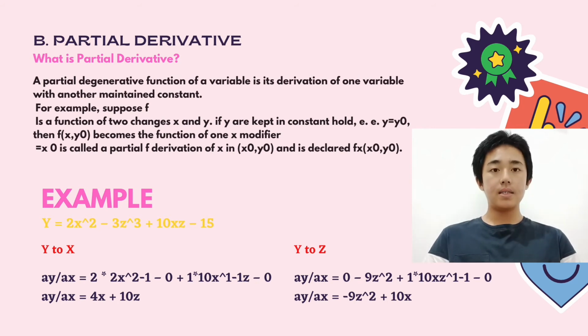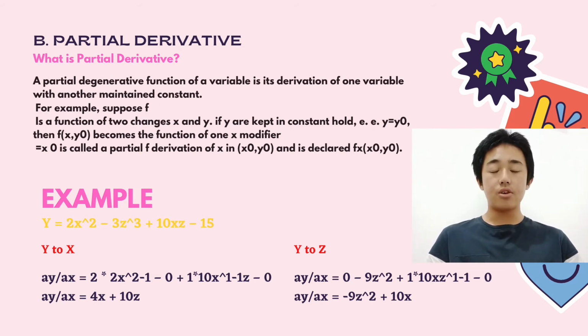Remember, because of the power of 2 we bring it down and multiply it with 2x, because 2 is the constant number and we have a variable, so 2 times 2 gets 4x, and 2 minus 1 equals 1, so it's only 4x, and we minus 0, because remember 3z cubed, there's z, and I explained earlier that we focus on x.